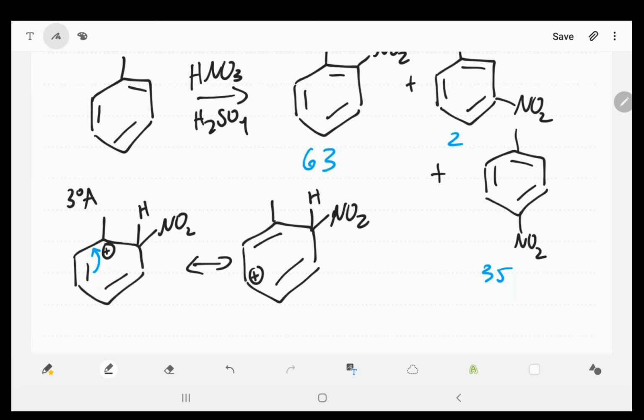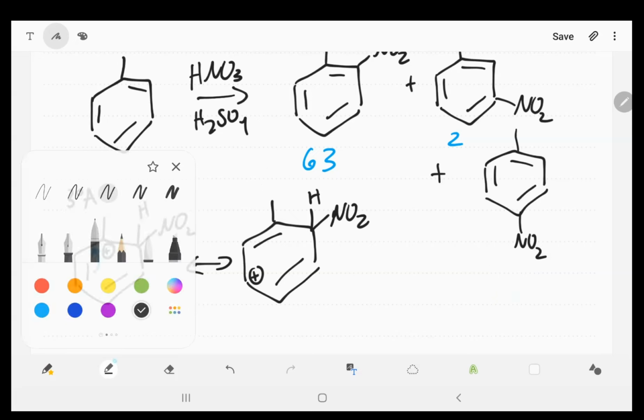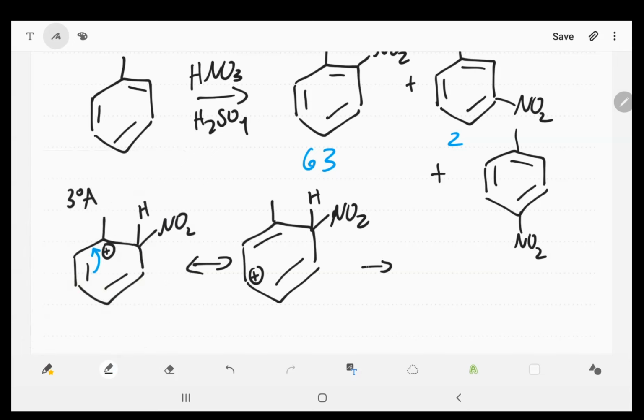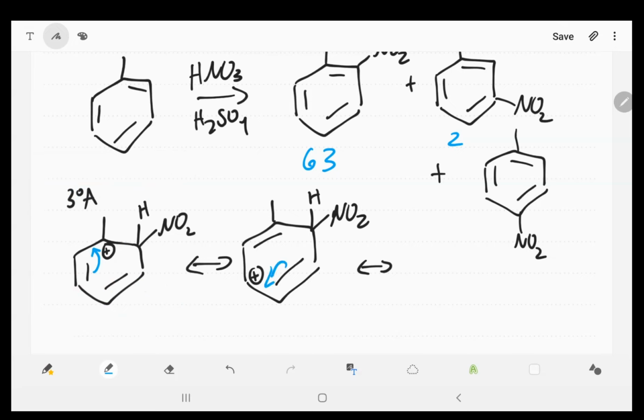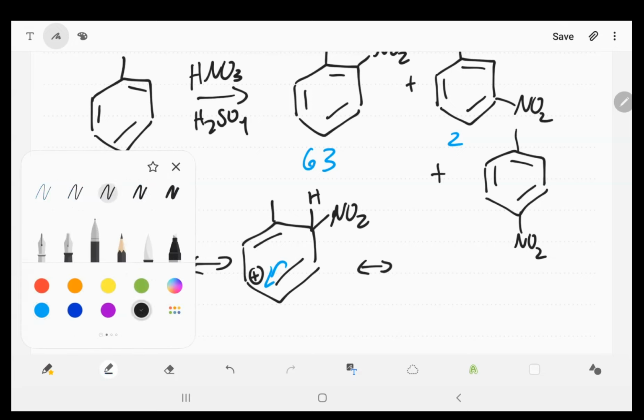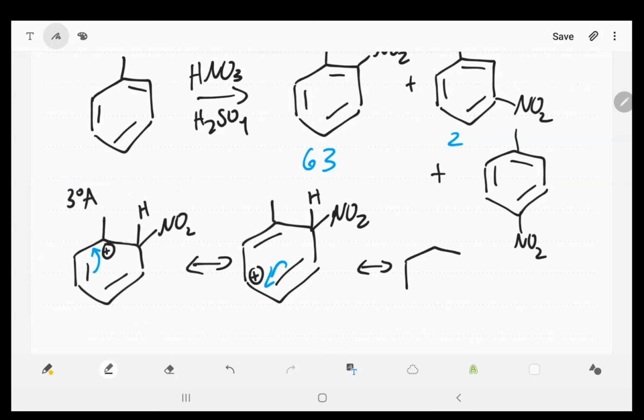And then if we go ahead and resonate again, why not, we can end up moving it to the other position. But again, we see here that the best position was the one that we had already had, which was the tertiary allylic, right? Because these are all secondary allylic positions, which are less stable than the tertiary one.